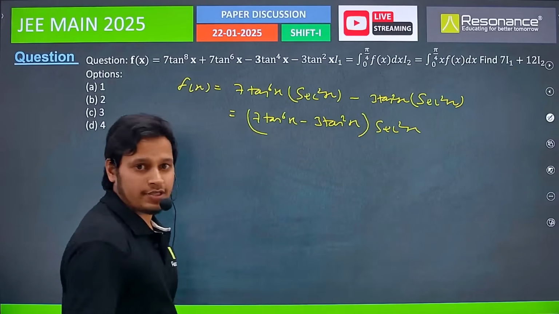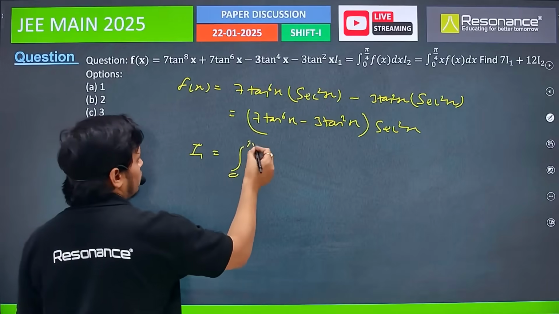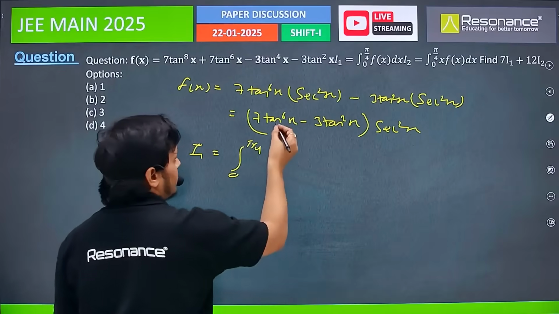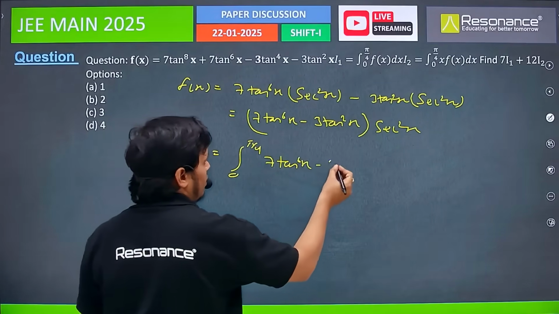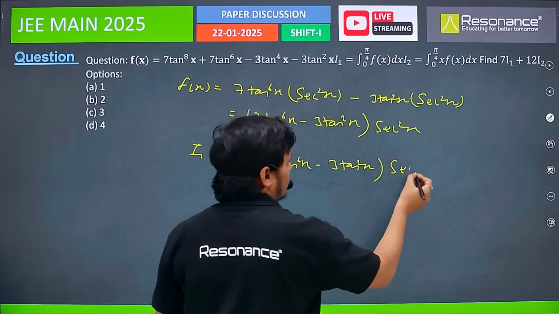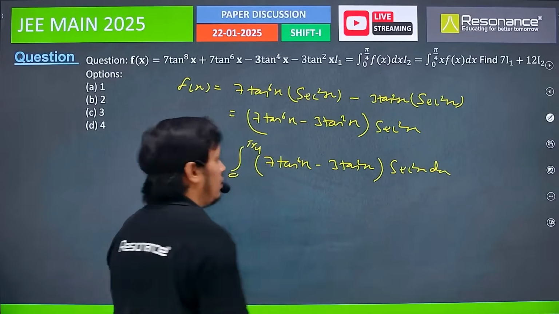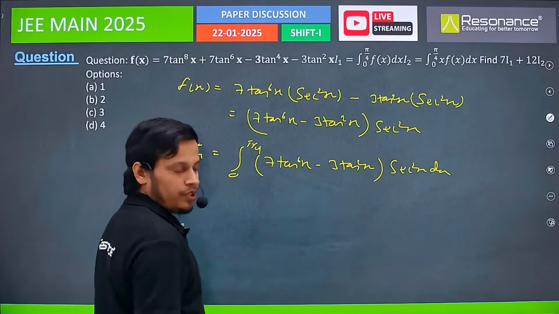This is our f(x). Now what is I1? I1 is just simply the integration from 0 to π/4 of f(x) dx, f(x) is this one, (7 tan⁶x - 3 tan²x) sec²x. Okay. Now if we assume tan x = t, then sec²x dx goes to dt.